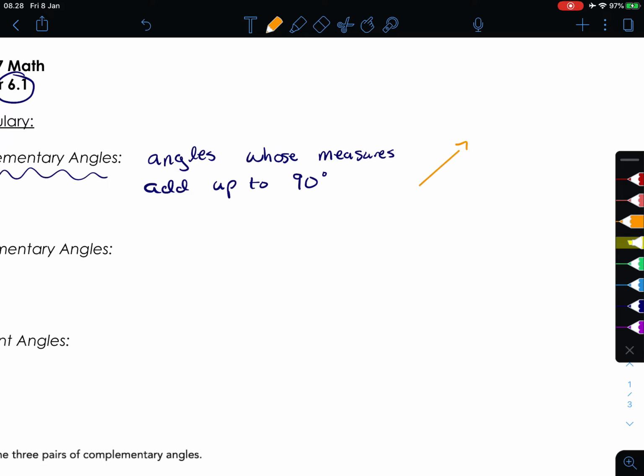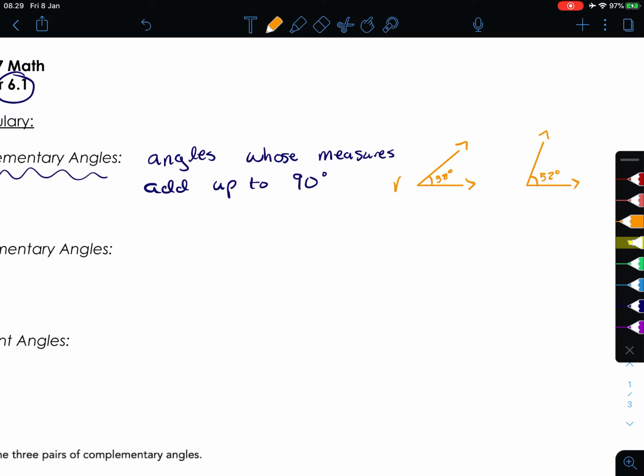Let's say we've got an angle of 38 degrees, and let's say that this is an angle of 52 degrees. Those are complementary angles.